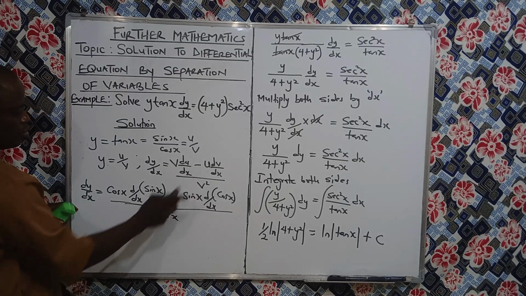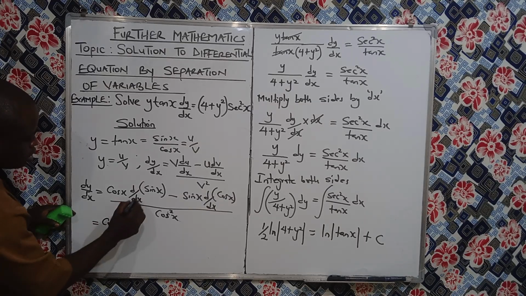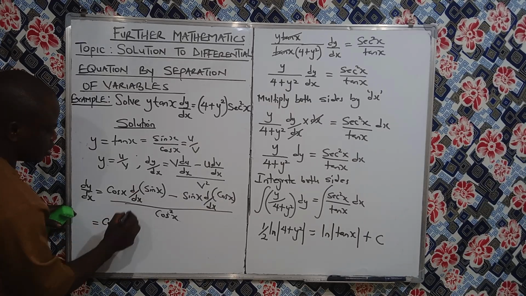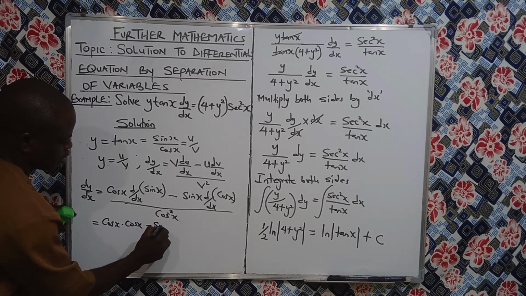Because v is being squared, cos squared x. When you differentiate sine, we're having cos x, minus sine x.